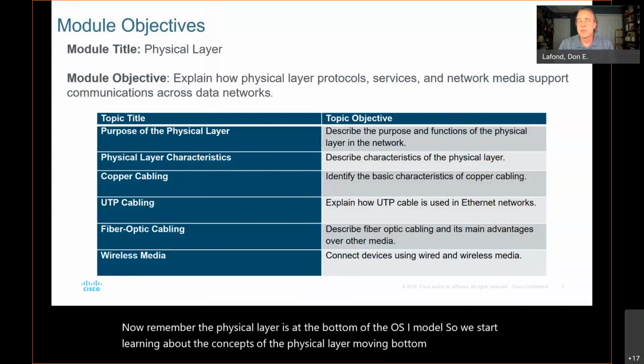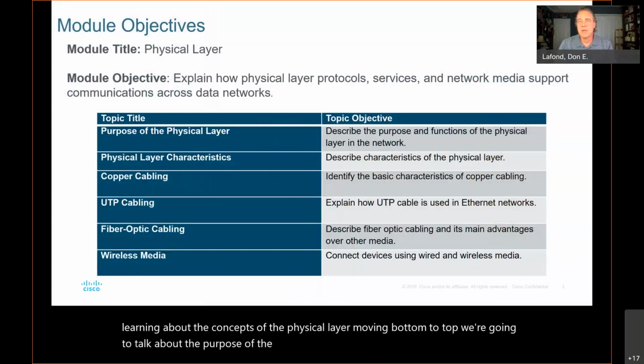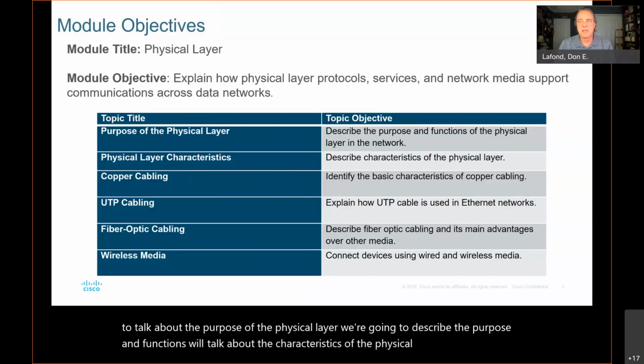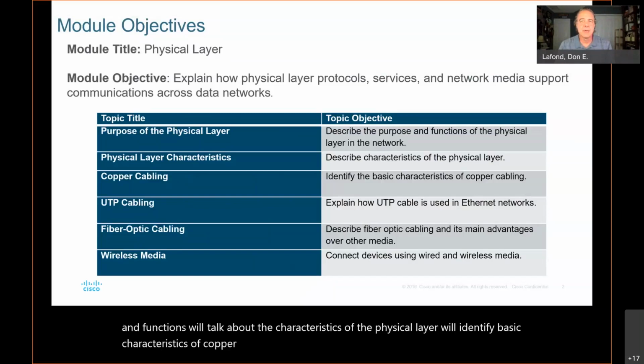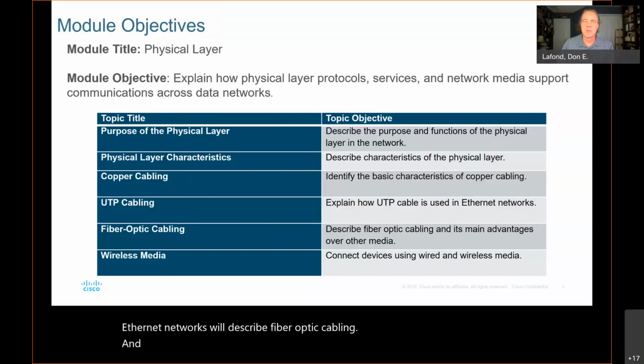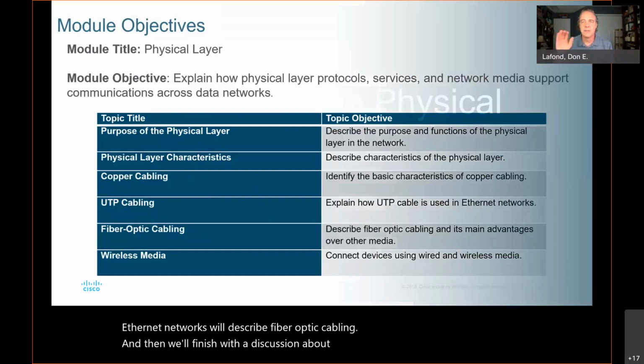We're going to talk about the purpose of the physical layer. We're going to describe the purpose and functions. We'll talk about the characteristics of the physical layer. We'll identify basic characteristics of copper cable, talk about UTP cable and how it's used in Ethernet networks. We'll describe fiber optic cabling, and then we'll finish with a discussion about wireless media.